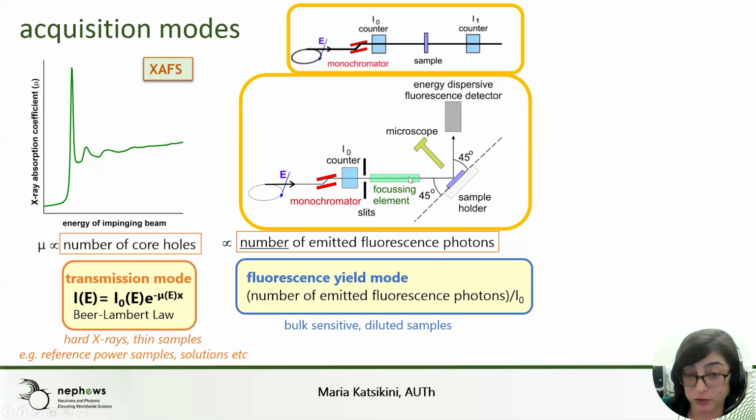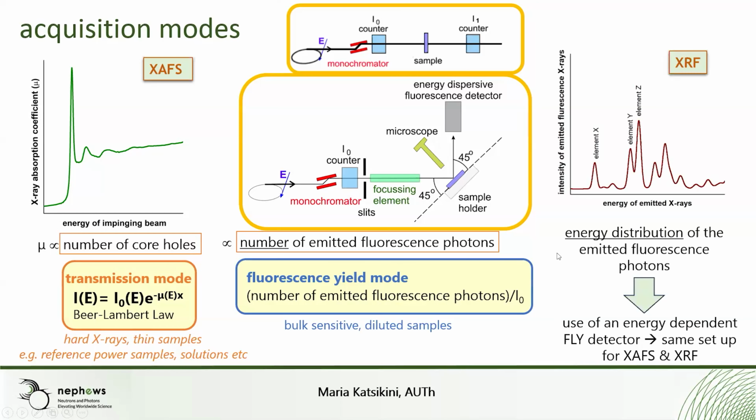As we saw in the photograph, we can use a focusing element in order to reduce the beam size, and we need a fluorescence detector. The advantage of the fluorescence yield mode is that it can be very well combined with X-ray fluorescence spectroscopy, because with the same setup, the same detector, we can record both XAFS spectra and XRF spectra and XRF maps.